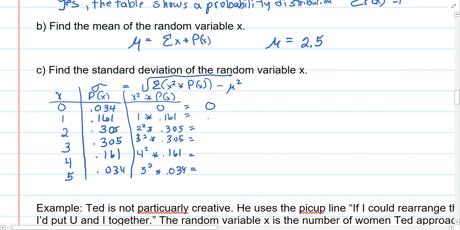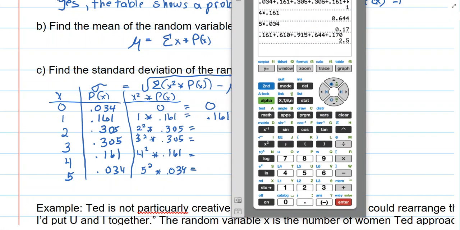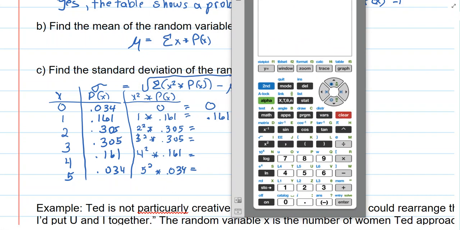I have 0, decimal 161. I'm going to get my calculator so you can follow along with me. This one's going to be 2 squared times decimal 305, and I get 1.22.